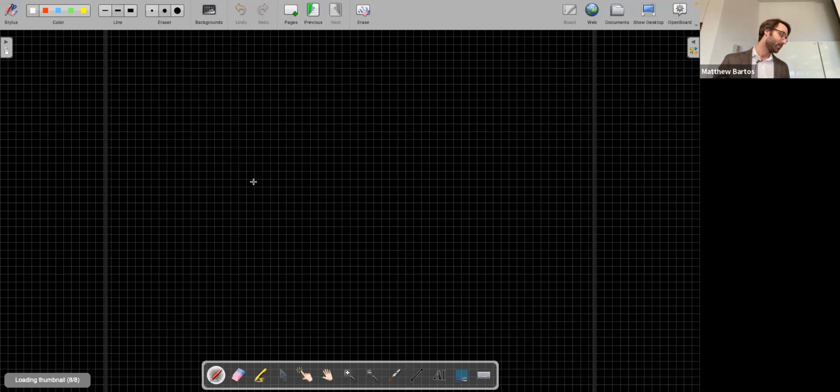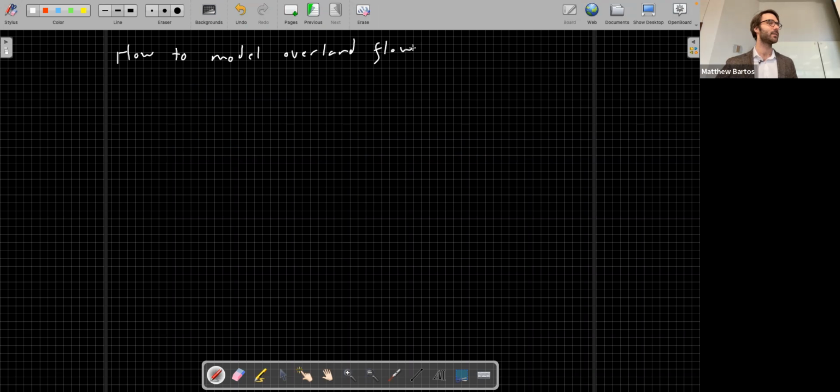Okay, so let's talk about how to compute or model overland flow. There are really two ways that this is done. The first method is to use physically based models.